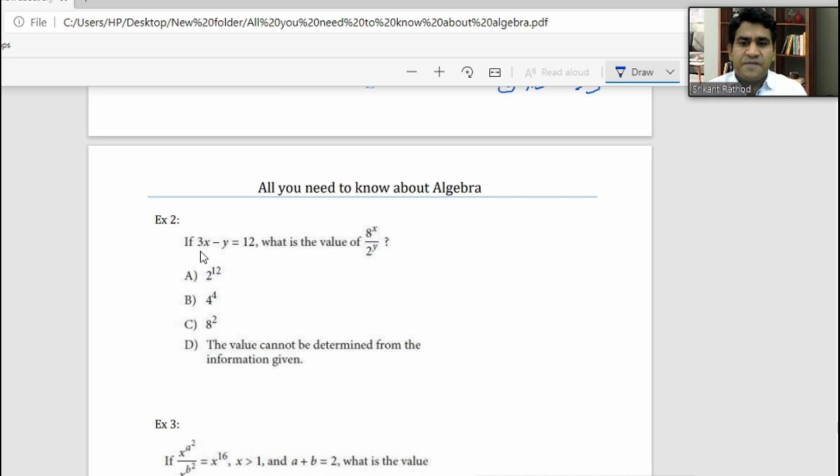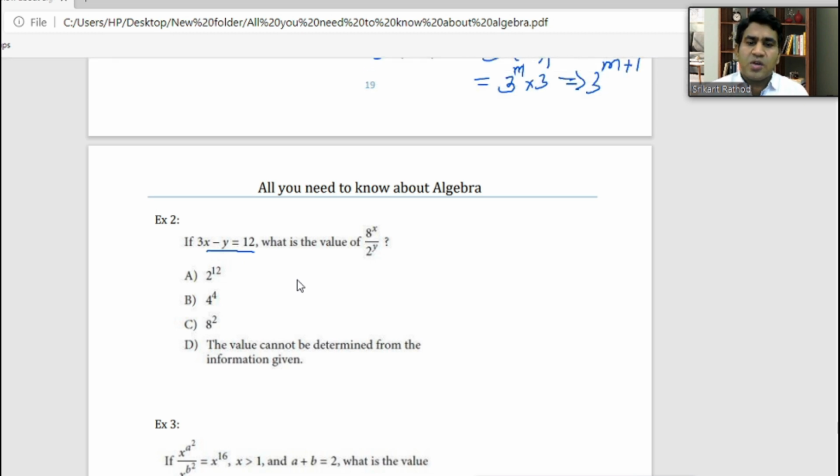It says if 3x minus y is equal to 12, what is the value of 8 to the power x divided by 2 to the power y? So remember, you can use the exponential rules only when the bases are the same. But here the base is 8 in the numerator and the base is 2 in the denominator, so how do you do that? 8 and 2 are not the same, so you have to convert either the numerator or the denominator to the same base.